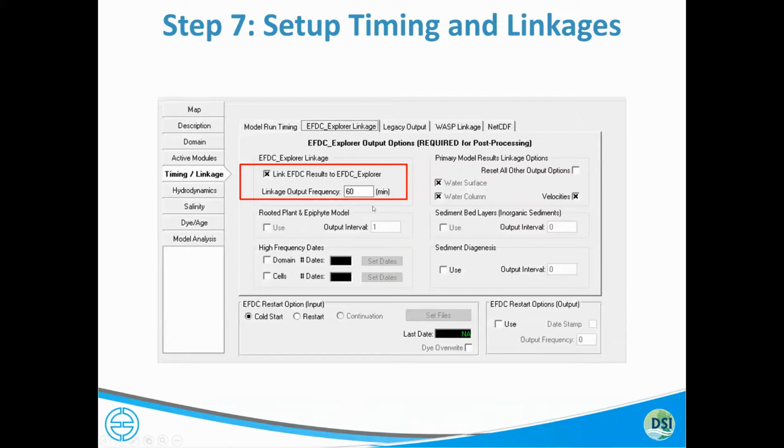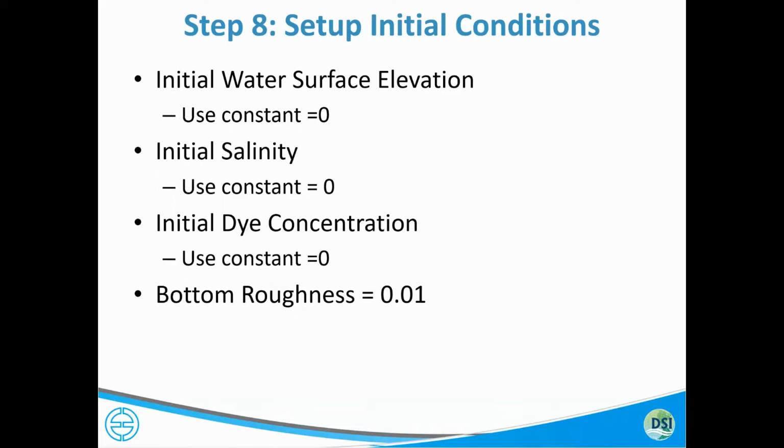So there will be files generated by EE every 60 minutes of simulation time, which we will be able to post-process and look at after the model finishes. We'll set up the initial conditions according to these parameters, so essentially everything initially is set to 0 with a bottom roughness factor, Z0, of 1 centimeter.